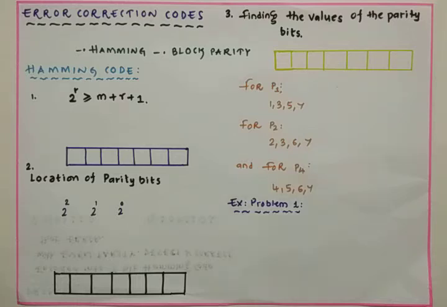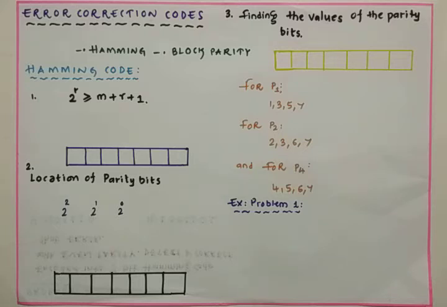So we are going to have some parity bits along with the data, and at the receiver side, by making use of those parity bits, we are going to detect the error and correct the error. That is nothing but the Hamming code.